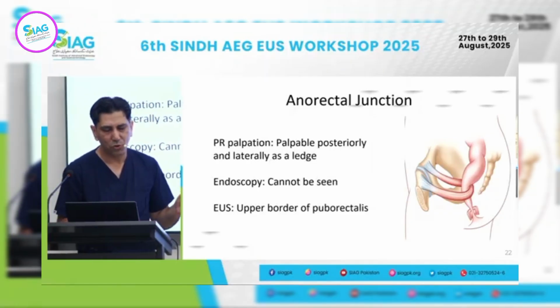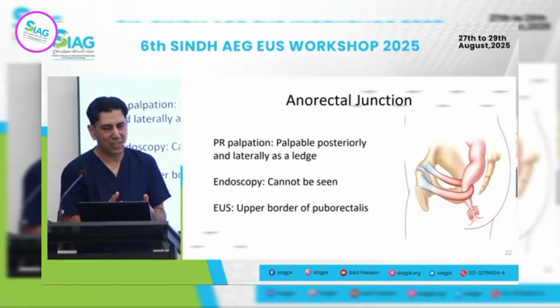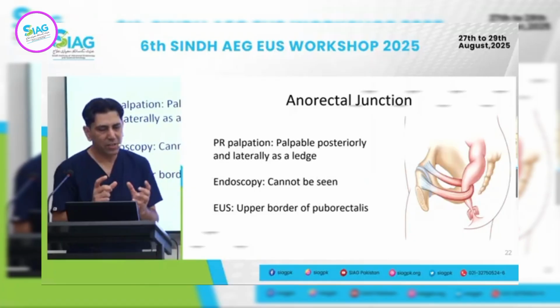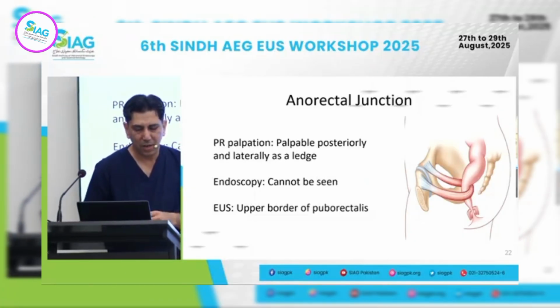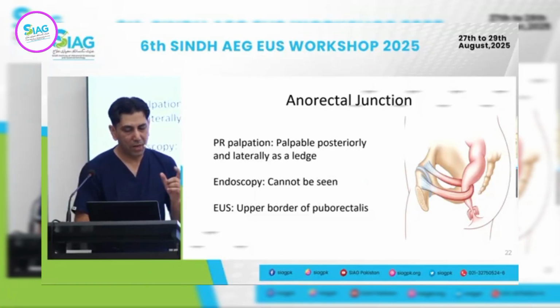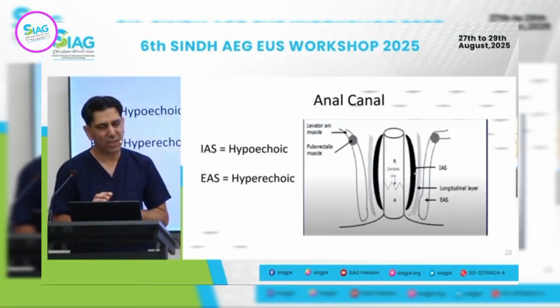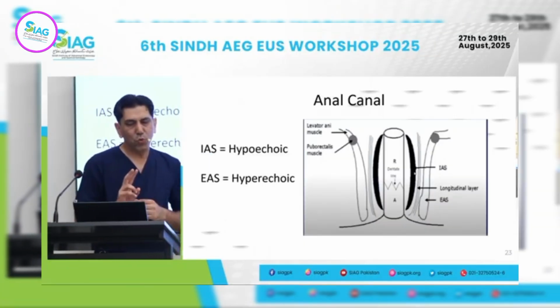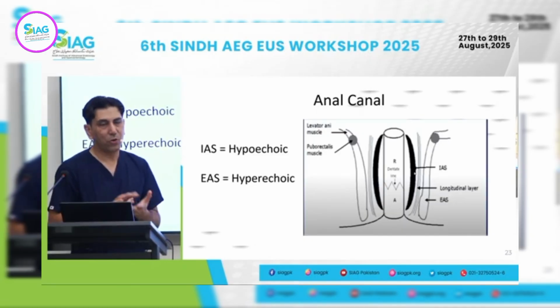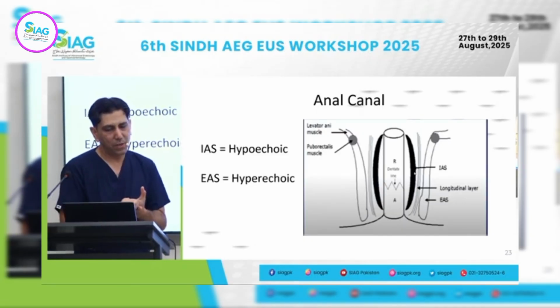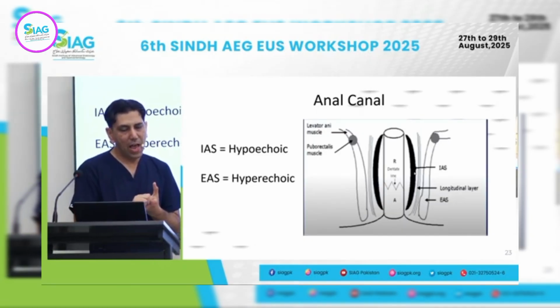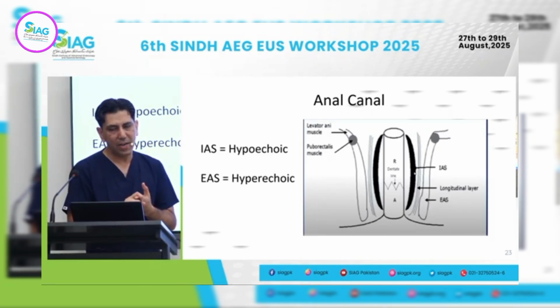Maybe the next image will show where the puborectalis muscle is. Black muscle, more thickened compared to the muscularis mucosae, muscularis propria, and that's the way you can see it, but not definitively.